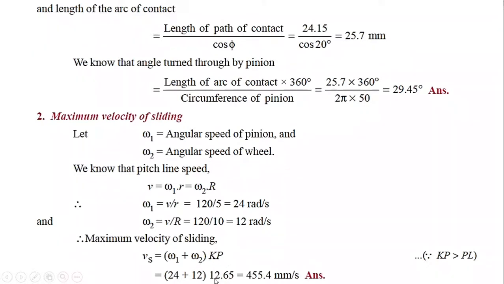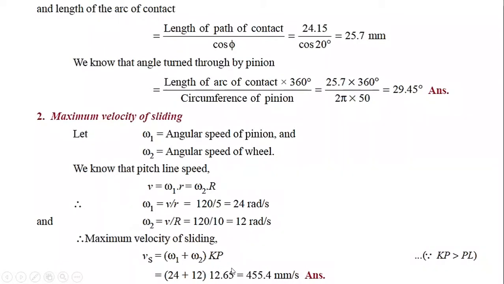Now apply the value: 24 plus 12 into 12.65. Now we get the maximum velocity of sliding as 55.4 millimeters per second. Here the unit is 12.65 millimeter, so we get the answer in millimeters per second. Suppose we use the value in centimeter, we get the final velocity in centimeters per second.